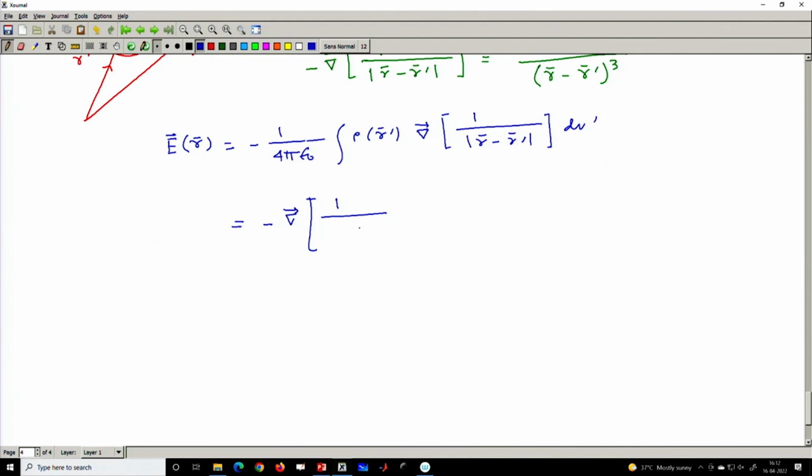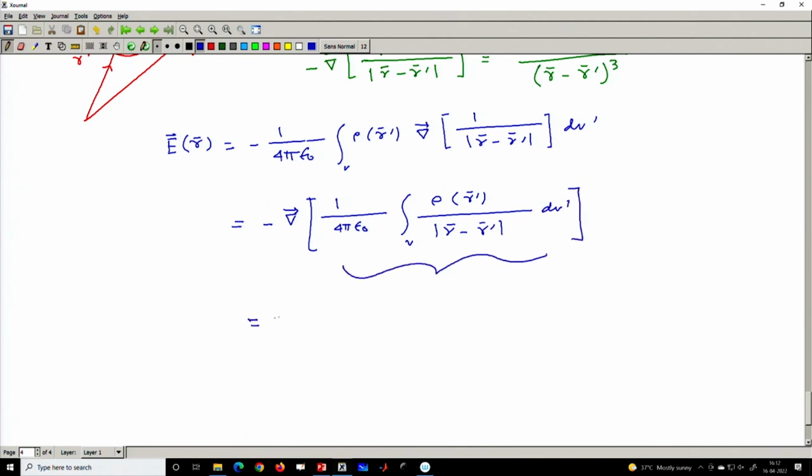So, I will finally have this 1 by 4 pi epsilon 0, this volume integral of rho of r prime over mod of r minus r prime and dv prime. So, this quantity is nothing but phi.